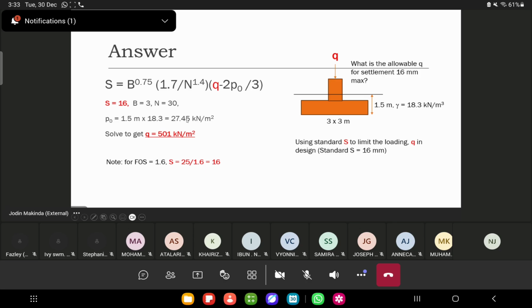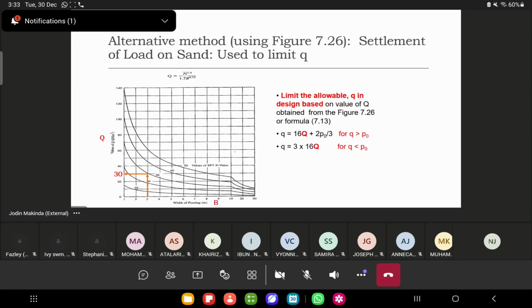Then, using P naught 27.5, insert into the equation, we find the allowable Q is 501. So in this case, we use the settlement to define the range of allowable loading.